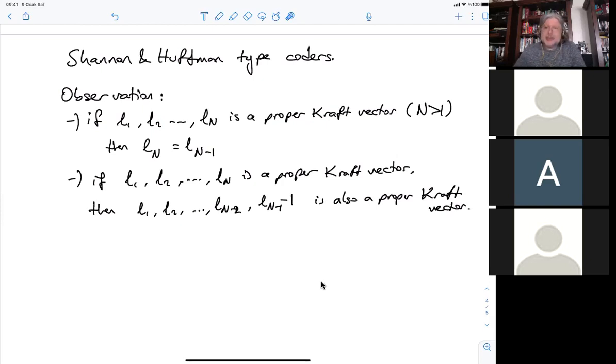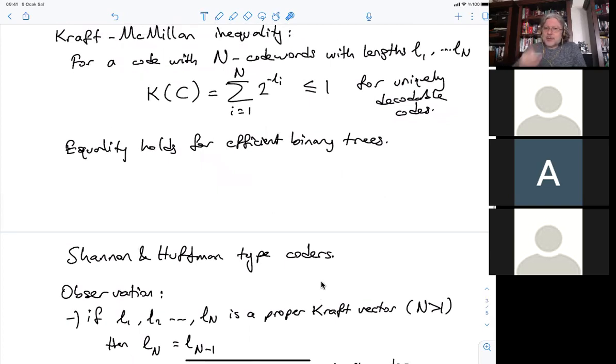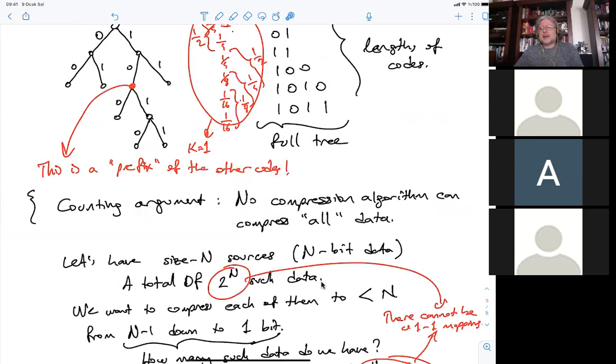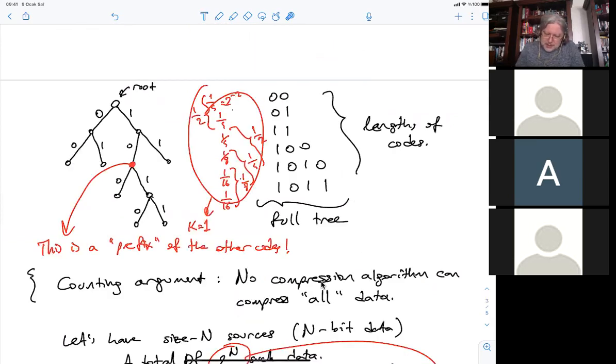What does that mean? And does it comply with our previous observations? Let's look at this again, binary tree. Here, this was Ln, this was Ln minus 1, this was Ln minus 2, okay, from the last. So Ln is gone, we don't have it anymore. Ln minus 1 is reduced by 1. Ln minus 1 is 4, minus 1 is 3. So instead of this, we replace it with a 3 length code word.